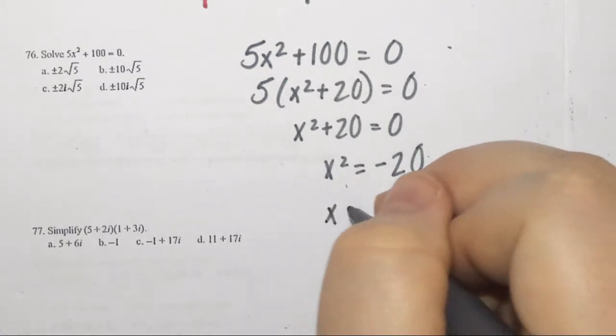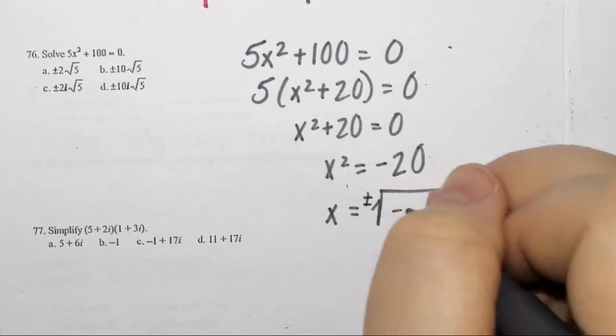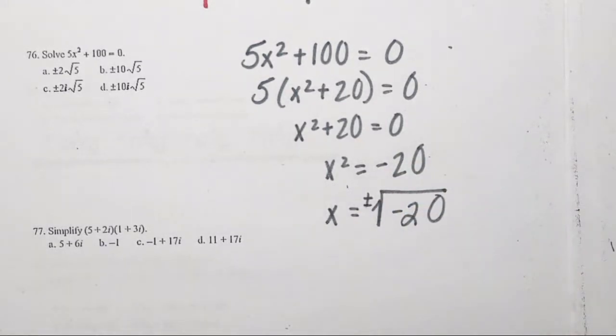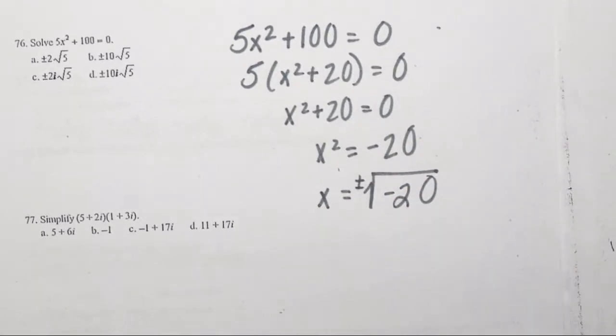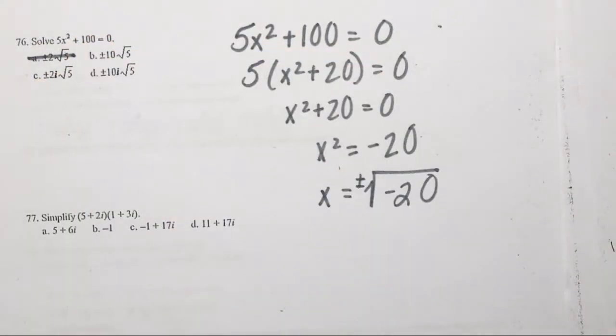If I take the square root of both sides, I have x equals plus or minus the square root of -20. That's still not one of my answer choices. Let's simplify it. Since I have a negative under the radical, which answer choices should I not choose?